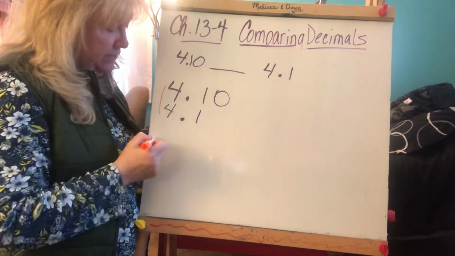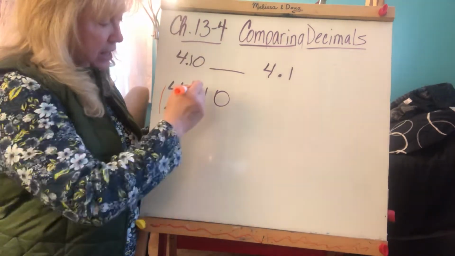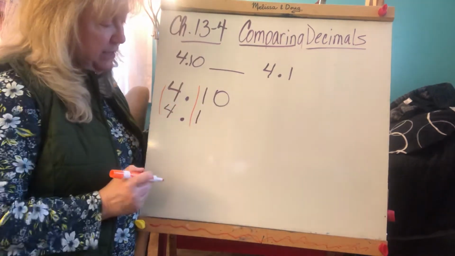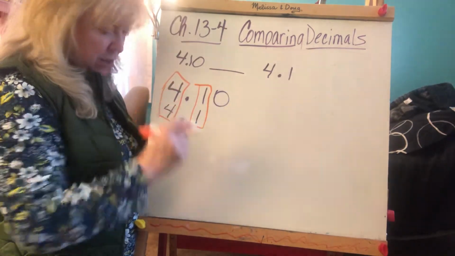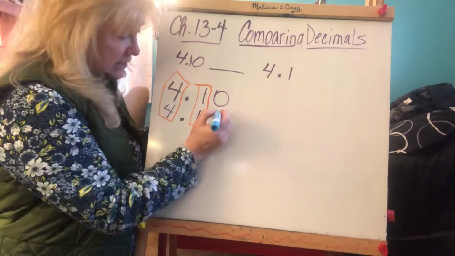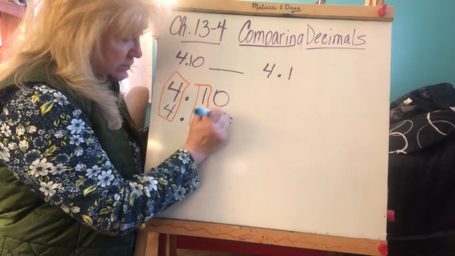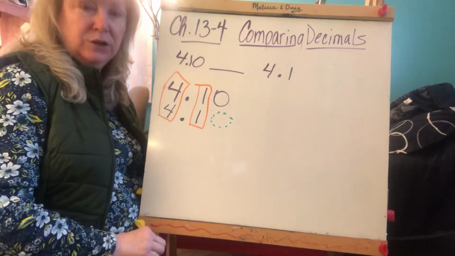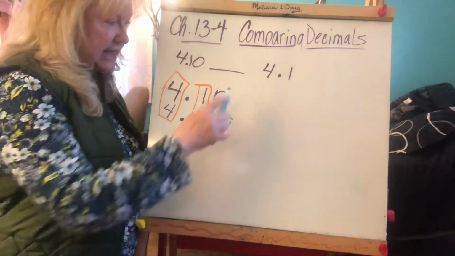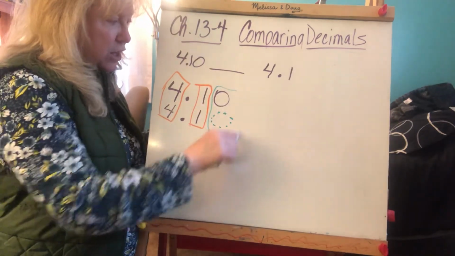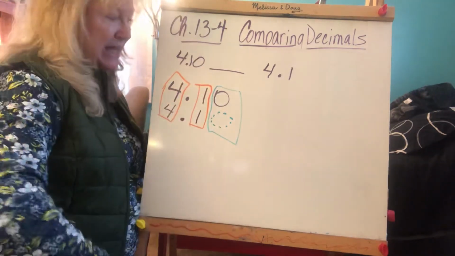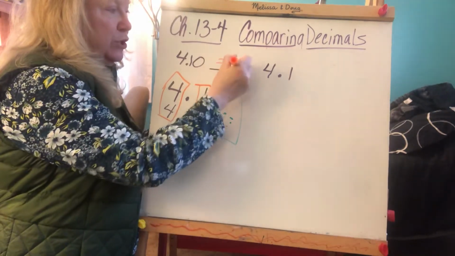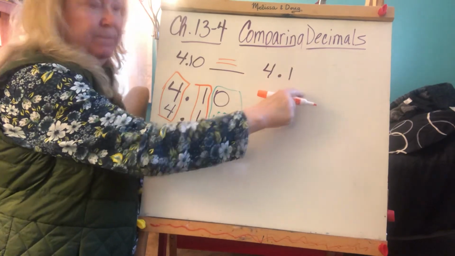I compare my left digits, they're still the same. I compare my first place after the decimal, they're the same too. So now I have to do one of these imaginary zeros. Oh goodness, look at that. They're the same also. So 4.10 is equal to 4.1.